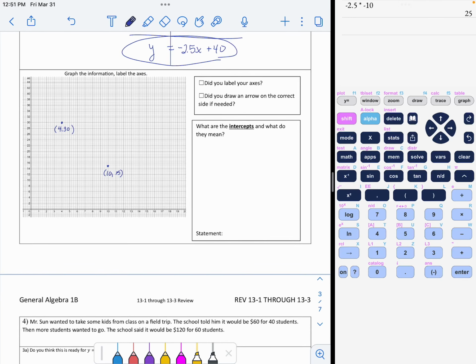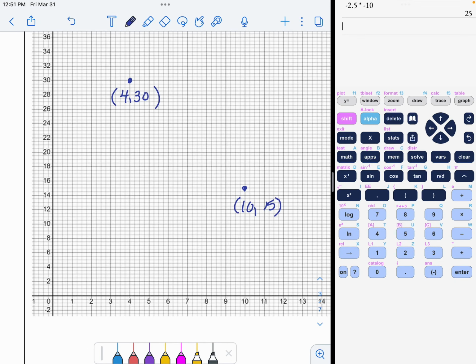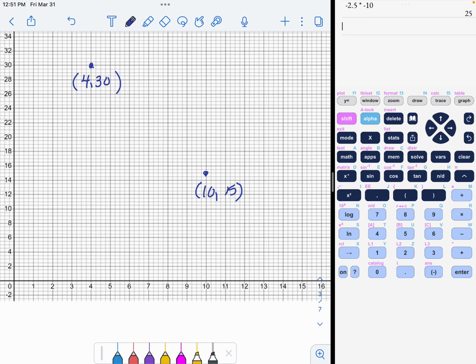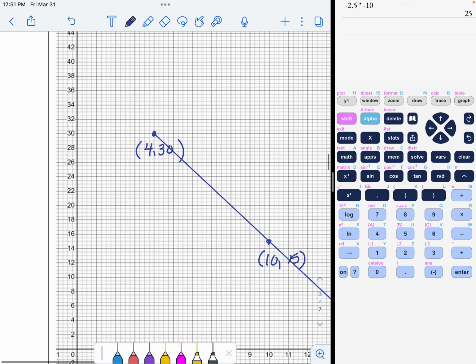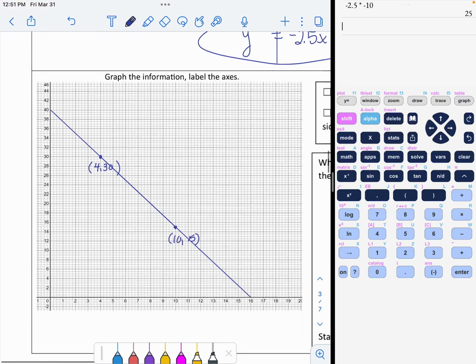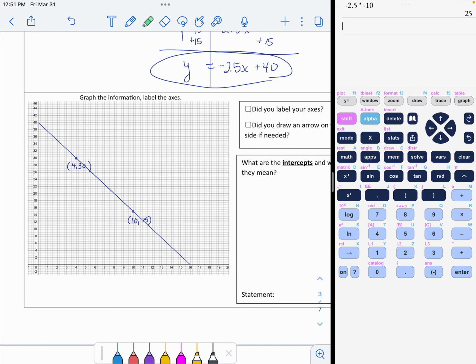Now I'm going to connect very carefully. Very careful. Good. What's really neat is that if you did that really carefully, you should see that your y-intercept matches that y-intercept, and it sure does.